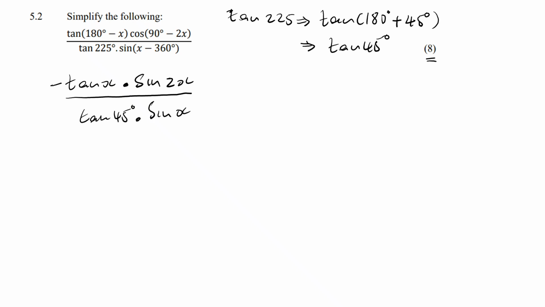So now, when you look on top, this is what you have, the sine 2x, which we can write as 2 sine x cos x, and look at what we have here, the tan, which we can write as sine x over cos x. So I think that's the best way to work around that one.